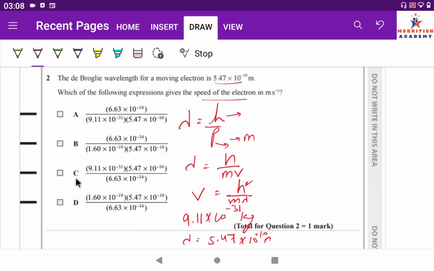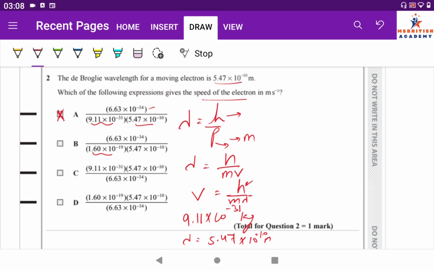So from here you can neglect C and D, because only options A and B have this value above. In the denominator you have mass into lambda. This is the value of charge, 1.6 into 10 raised to minus 19. This is the mass of the electron, this is the wavelength, and this is h. So A is our right answer.